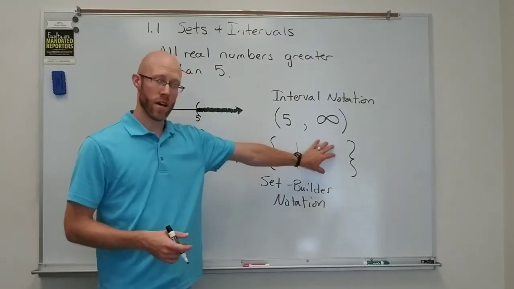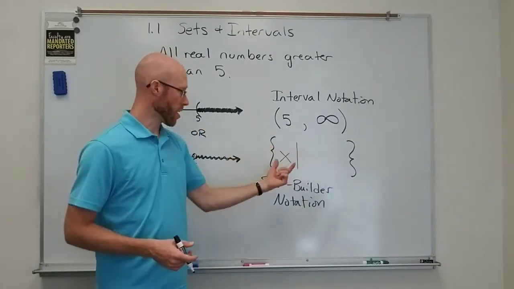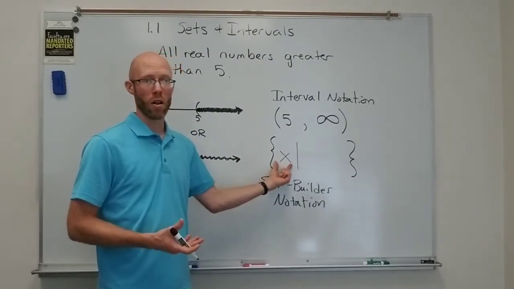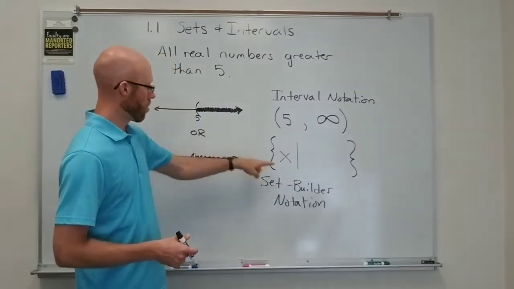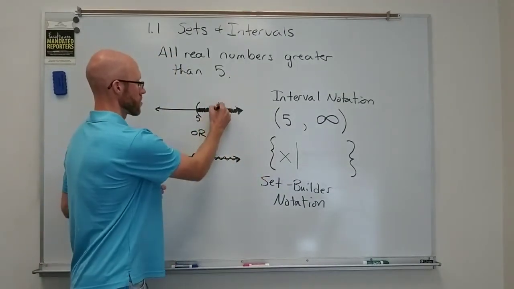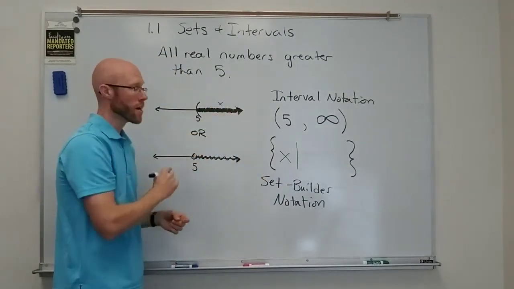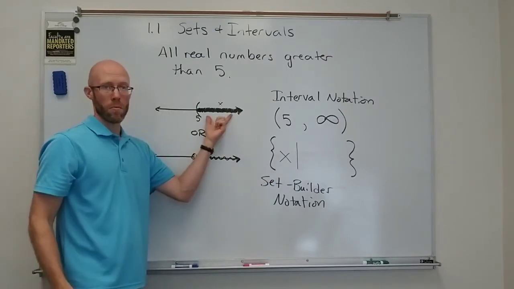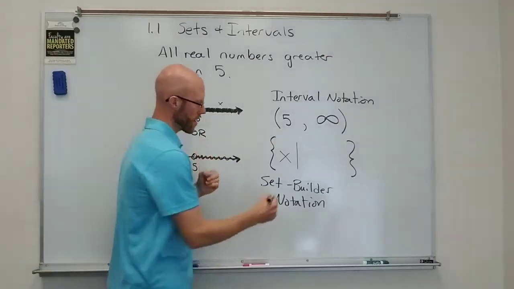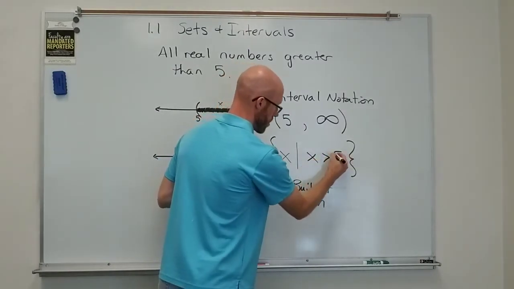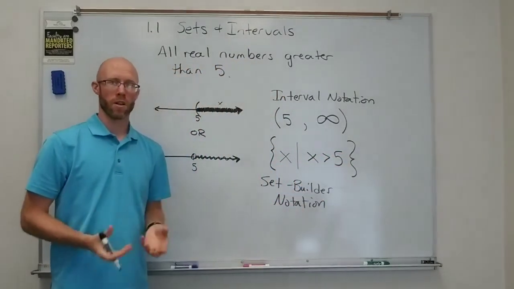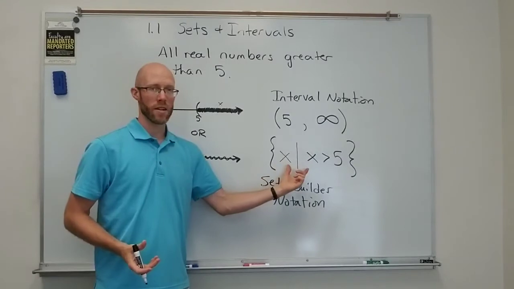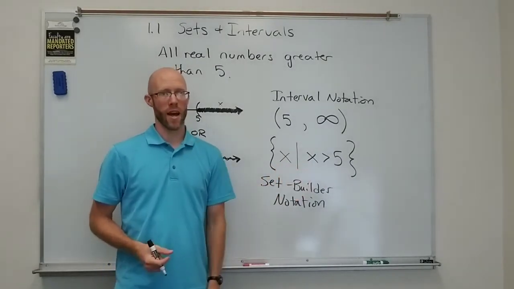Okay, on the right-hand side, we have a property. Now, what property do all of these things have? Well, all of these X's are all the numbers over here that are shaded. All of those X's are numbers that are greater than 5. So I could write that X is greater than 5. It's the mathematical property that all the numbers in that set have.